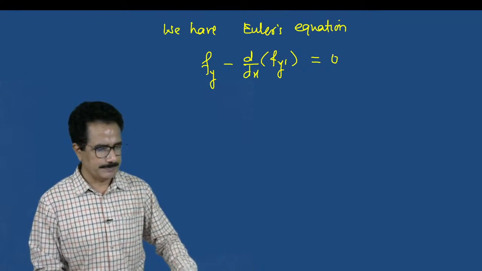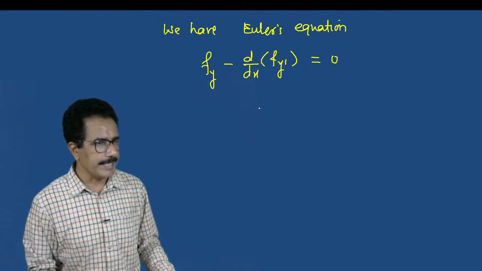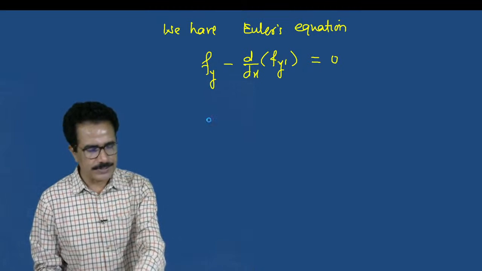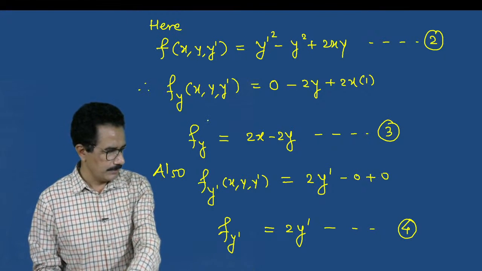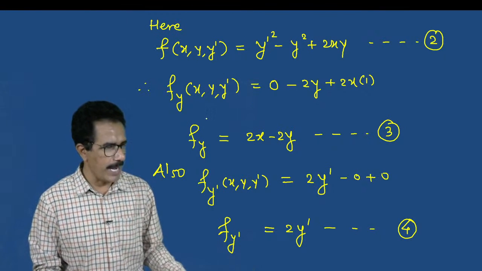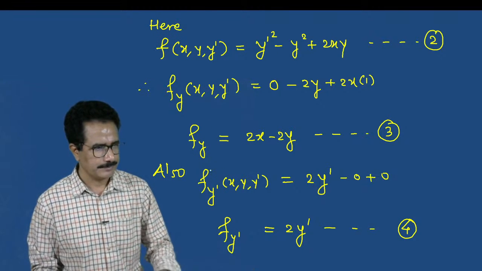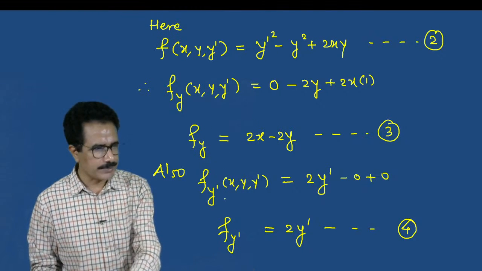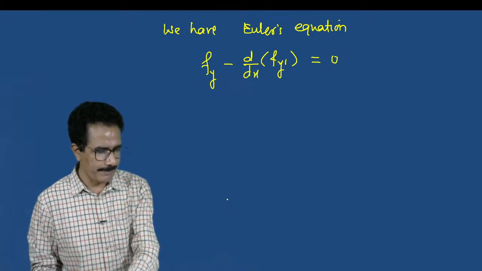Okay आहे ना पहा. So we can write fy means 2x minus 2y, 2x minus 2y, बरोबर आहे का पहा.